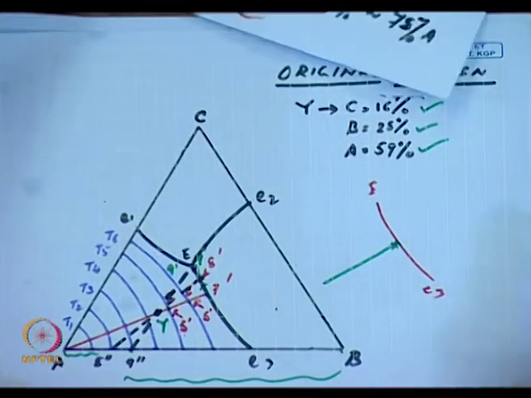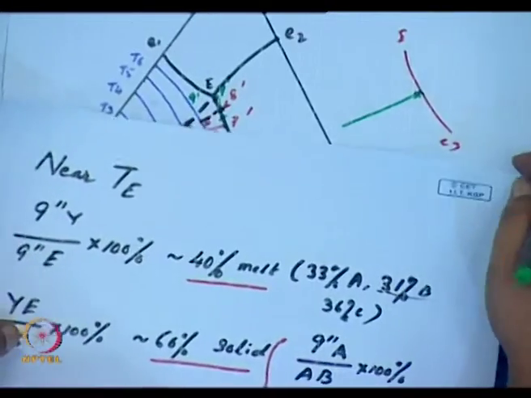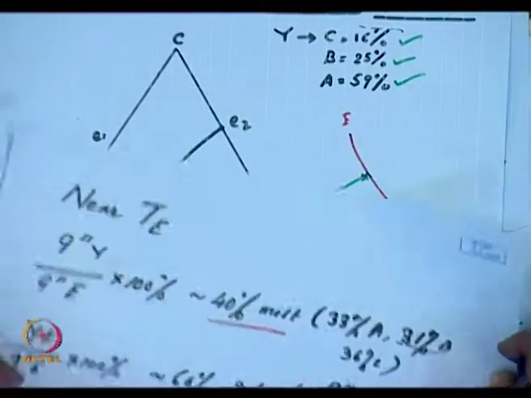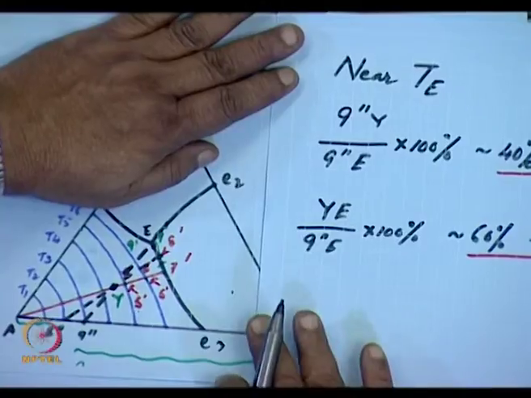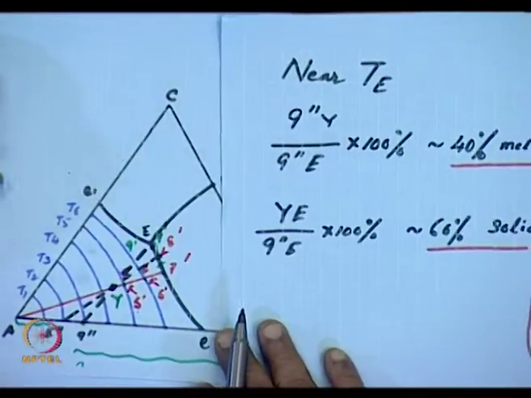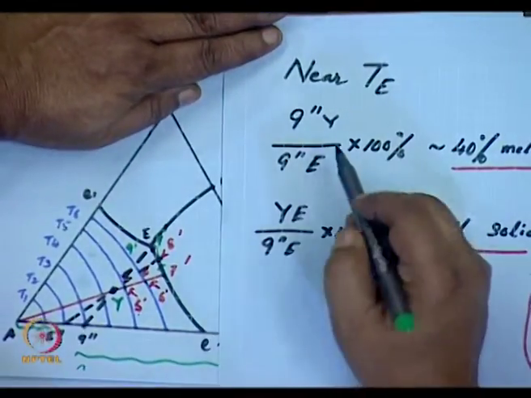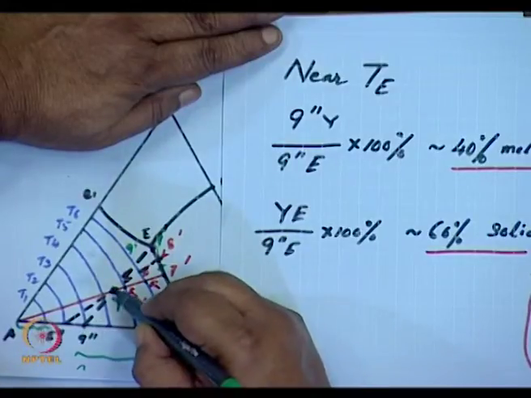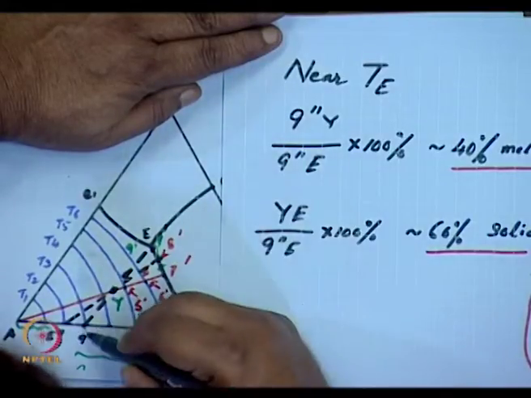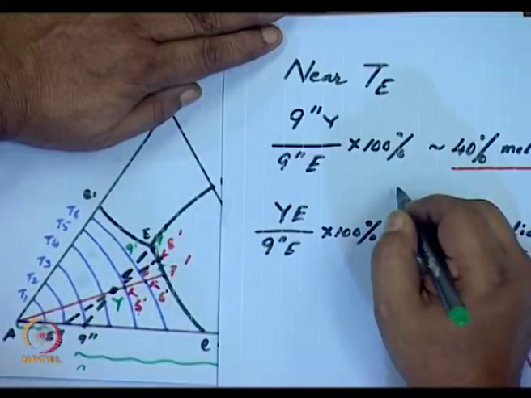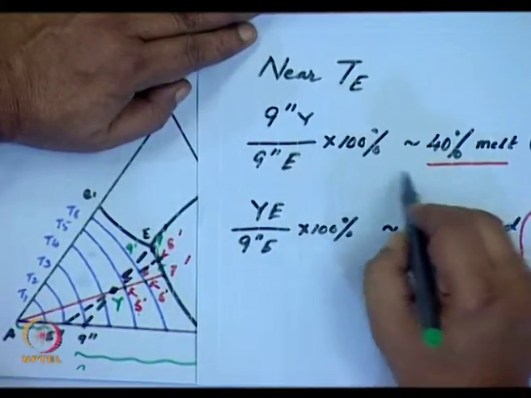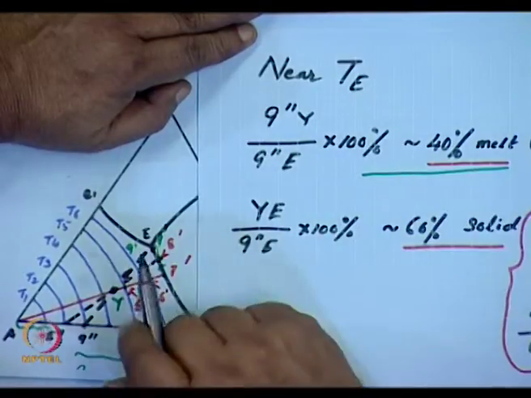So if I am combining both the graphs, then 9 double dash Y divided by this whole length 9 double dash E corresponds to the melt, which is this, which is 40% melt.